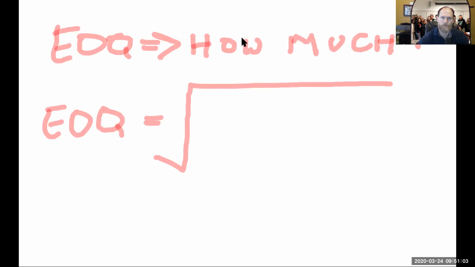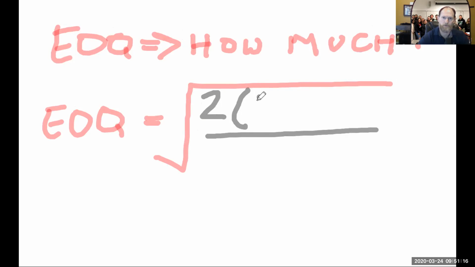Just going to go with some different colors because I'm getting a monocolor thing going on. We have a constant here of 2 in the numerator. And then we have what I call big D. And then we have S. And all divided by H.